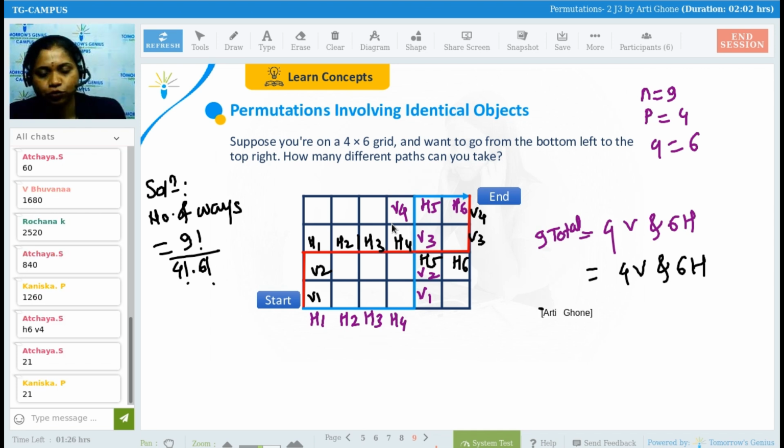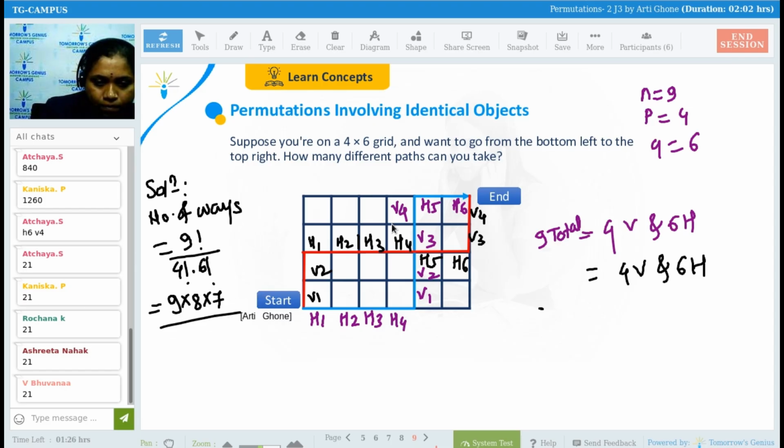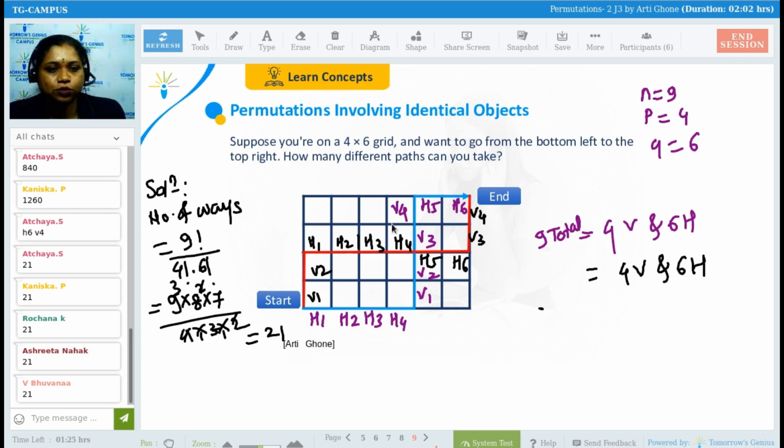So there are 21 ways to get this position. Let's solve first. Yes, 21 is correct. Everyone got this solving also, because calculation is a must and you must know the calculations. Clear? So this is how you can work on a rectangular sheet or any kind of sheet.